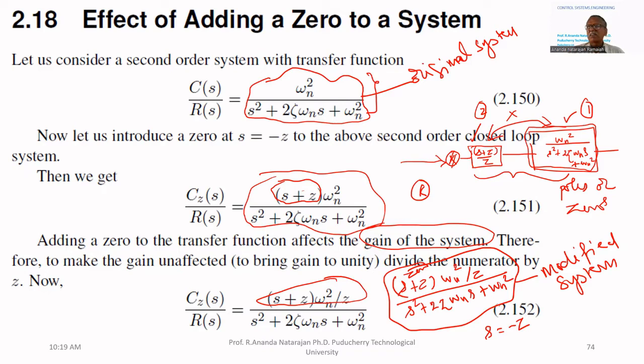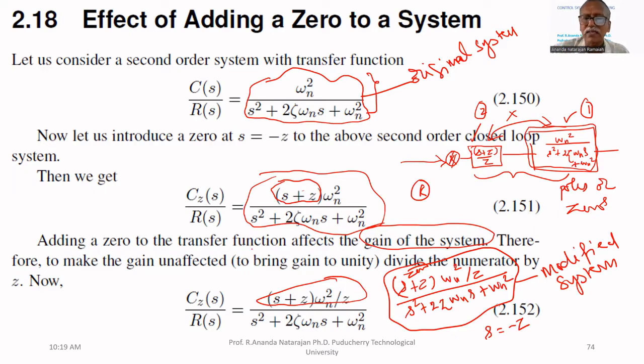That we have seen. But a zero can be either on the right hand side or left hand side. No stability issue, but the dynamic issue will come. Stability issue will not come if the zero is on the right hand side. Only poles must be on the left hand side for a stable system.